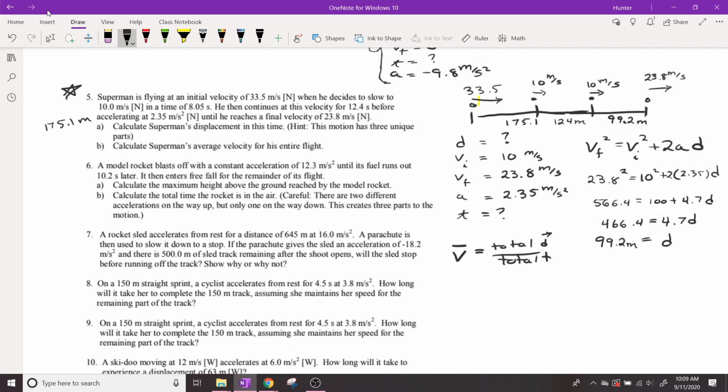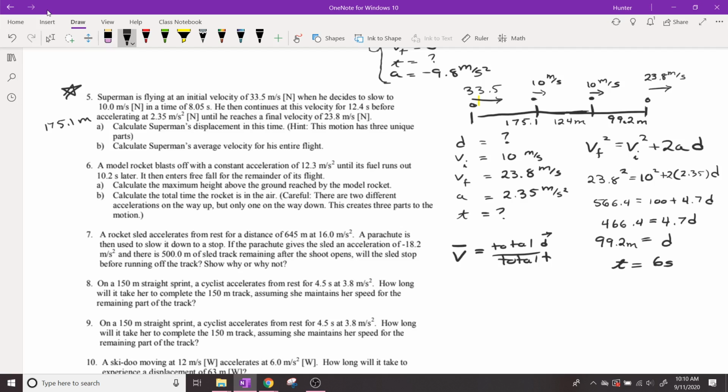6 seconds. Okay. So, what reasoning or formula did we use to get 6 seconds? Yeah, you can use VF equals VI plus AT, and you can find out that the time for the third part is indeed 6 seconds. That seems believable.